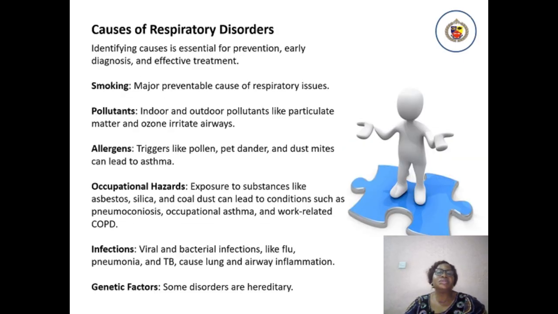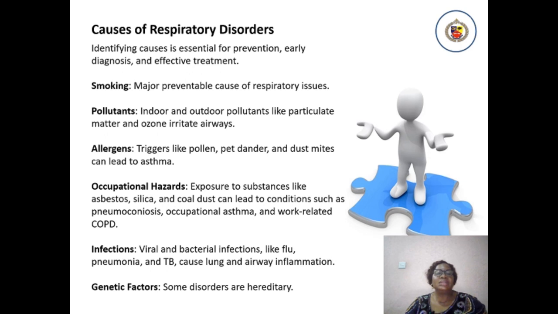Causes of respiratory disorders. Identifying causes is essential for prevention, early diagnosis and effective treatment. Smoking, a major preventable cause of respiratory issues. Pollutants: indoor and outdoor pollutants like particulate matter and ozone irritate airways.